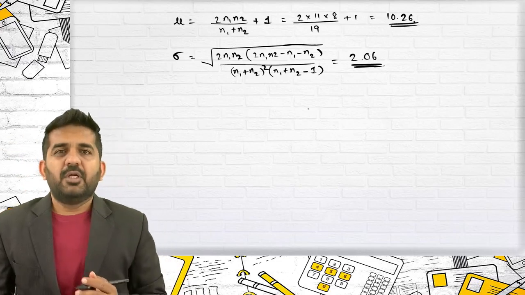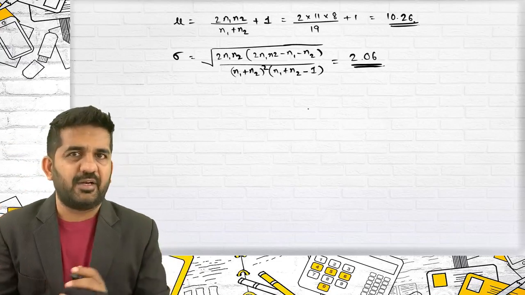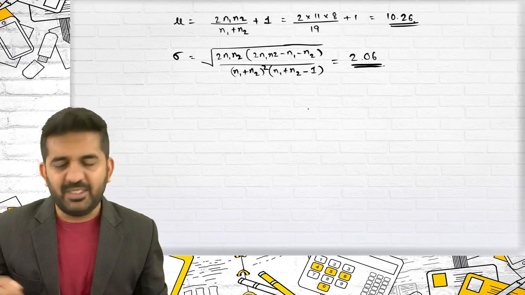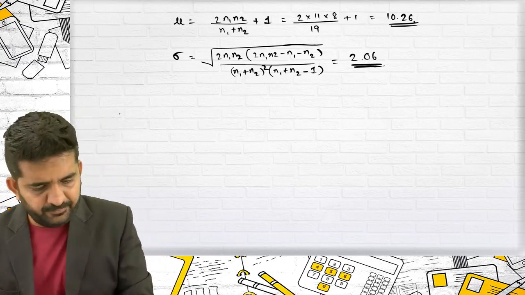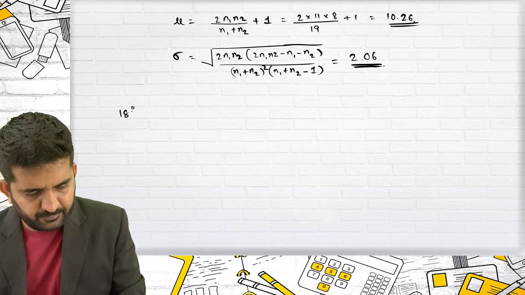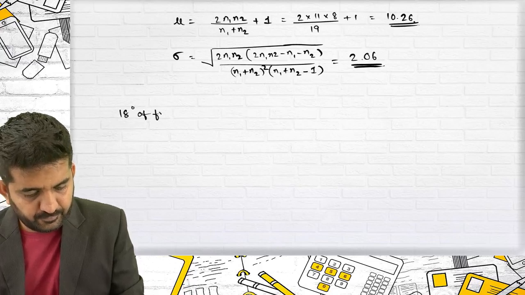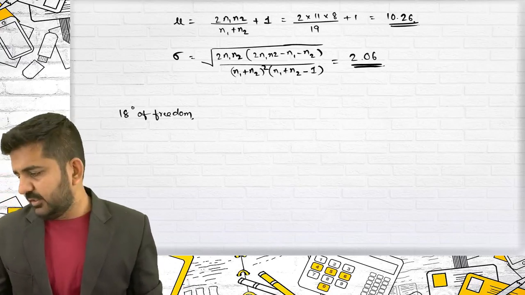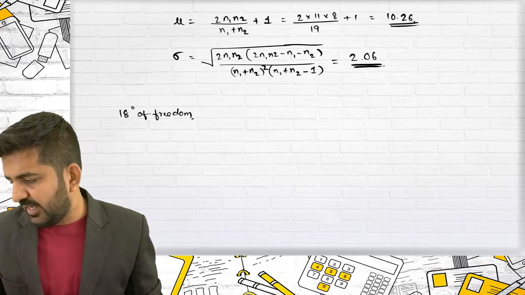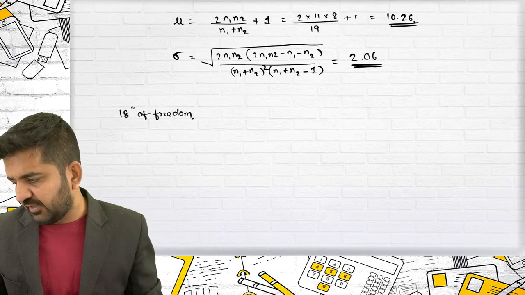Correct. Now, try to understand. I need to find the range with 18 degrees of freedom at 5% level of significance.